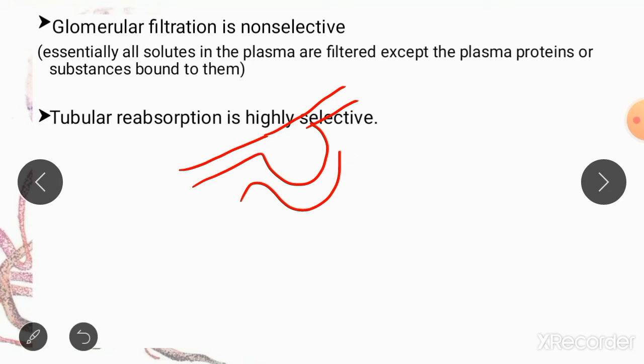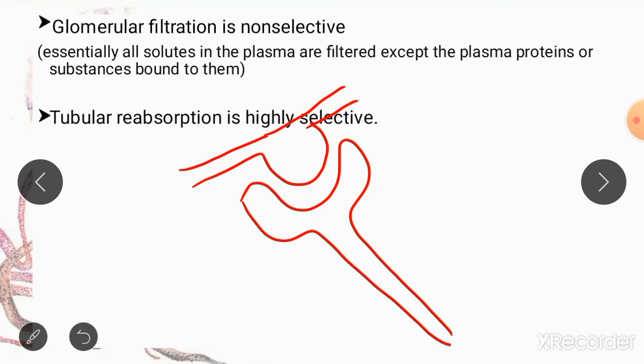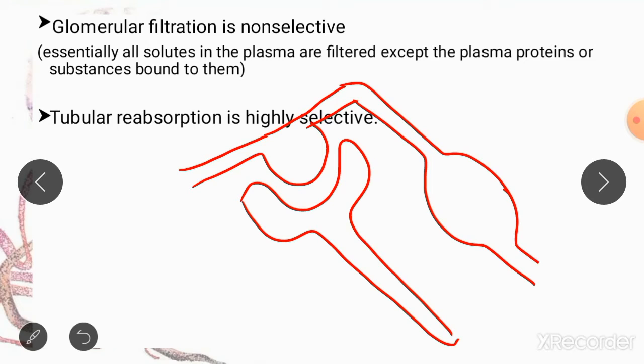And suppose here you have your nephron, and your efferent arterioles then form a capillary network which is known as the peritubular capillaries, which are present all around your nephrons. So your glomerular capillaries and your peritubular capillaries are two capillary beds present around the nephron.